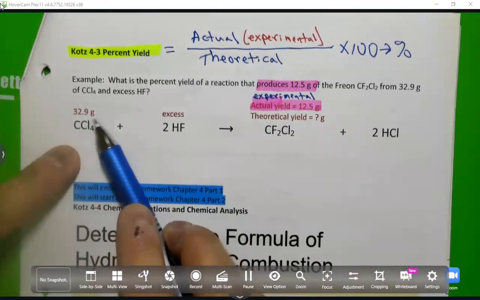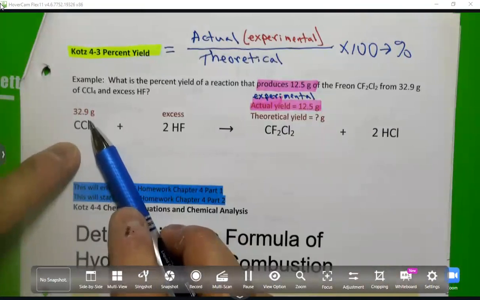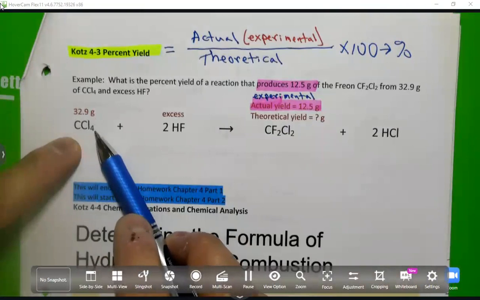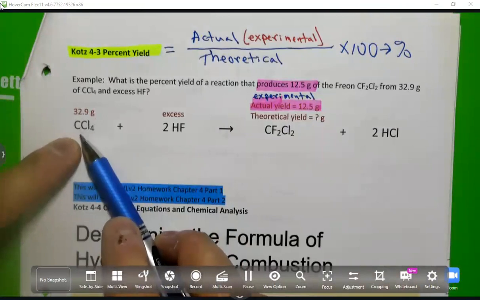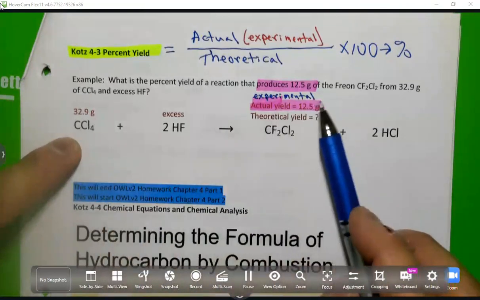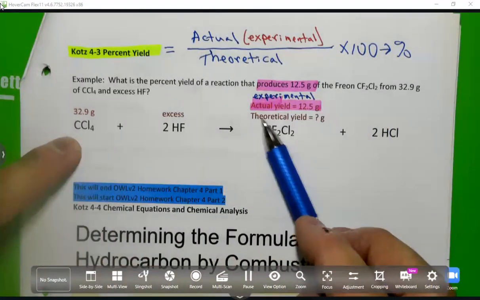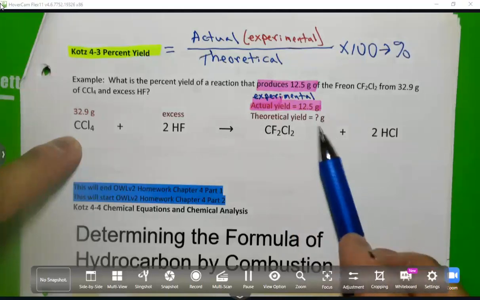Okay, so here we're reacting 32.9 grams. This would be called carbon tetrachloride. 32.9 grams. And experimentally, we got 12.5 grams. Theoretically, how much should you have gotten?